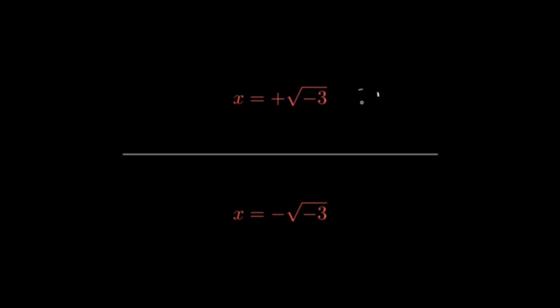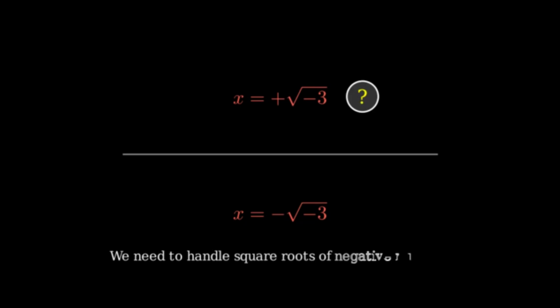This raises a fundamental question. How do we interpret the square root of a negative number? If we square any real number, we always get a positive result. So what number, when squared, would give us negative 3? This is where the concept of complex numbers becomes essential. Complex numbers expand our number system beyond the real numbers to allow for solutions to equations like this.